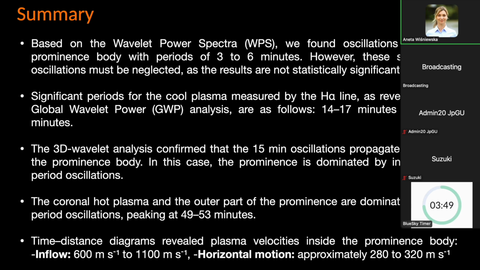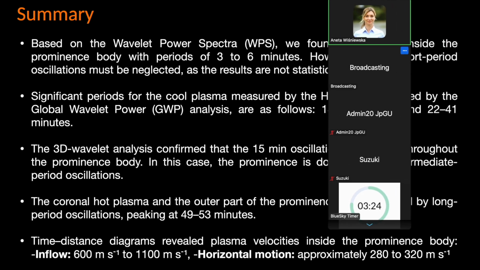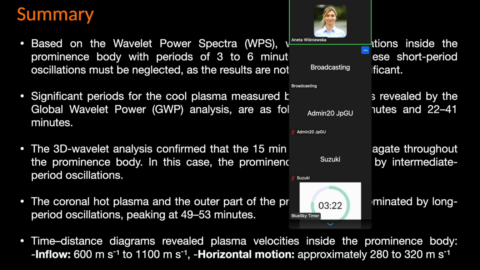a period of 3 to 6 minutes. However, these oscillations must be neglected as the result is not statistically significant. Then significant periods for the cool plasma measured by the H alpha line are 14 to 70 minutes, and then there is another period of 22 to 41 minutes.